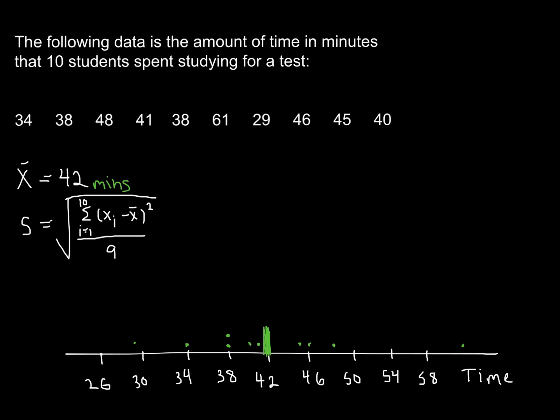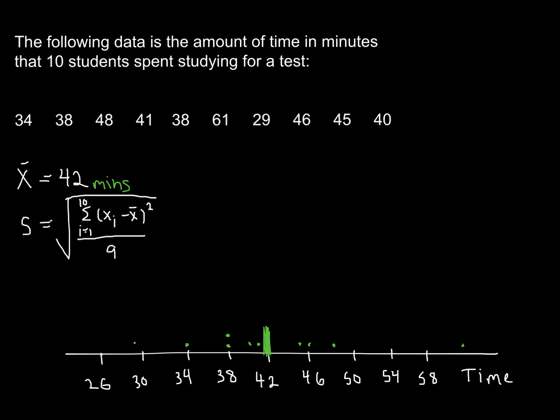Okay? So to compute the standard deviation, I'm going to sum the deviation squared for each data point, divide by n minus 1, or 9 in this case, since there are 10 different data points. And then I'm going to take the square root, because I squared here, and so I want to take the square root so I can get back to a number that is not the square of the deviation.